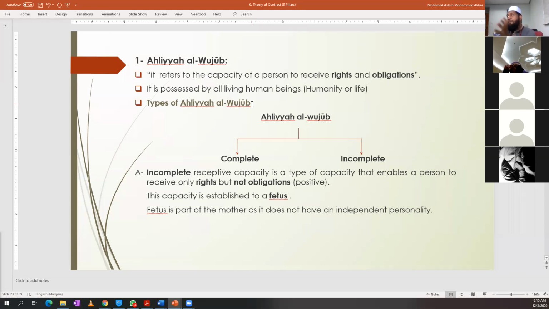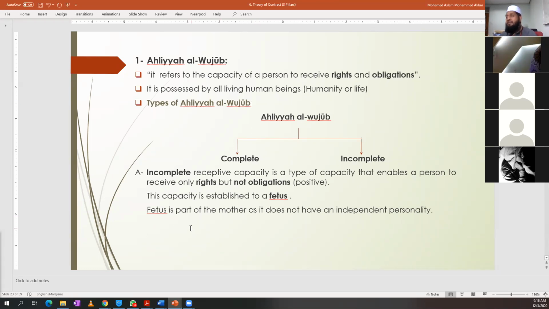For example, there is a baby in the womb, and then suddenly the father passed away, right? So what happened is that the fetus also gets the inheritance. You got what I'm saying? So there are a couple of things like this, which inshallah I will tell you.